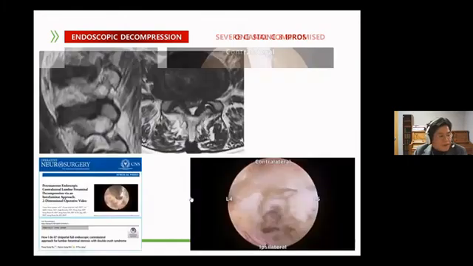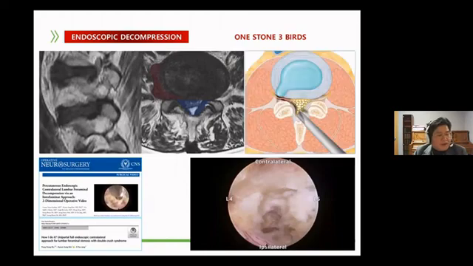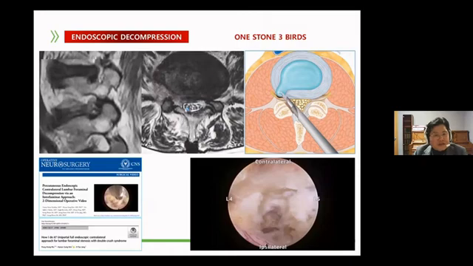In addition, using interlaminar contralateral endoscopic lumbar discectomy and foraminotomy, it was possible to solve almost all regions requiring spinal decompression while minimizing instability, thus obtaining the opportunity to minimize spinal fusion surgery, you can see here.